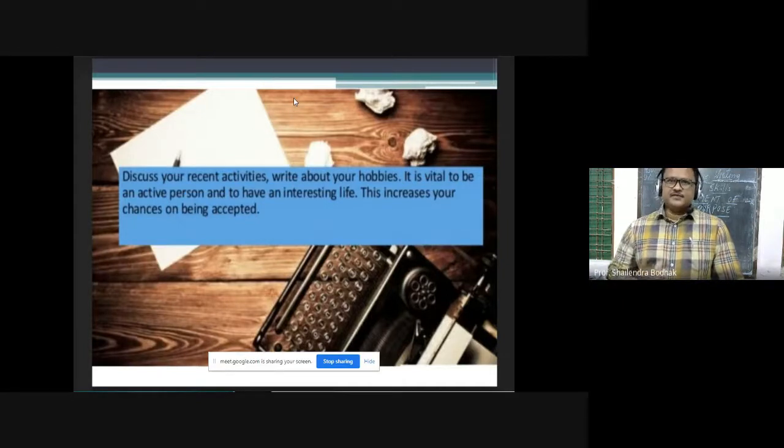So just mention a few hobbies in your SOP. It is vital to be an active person and to have an interesting life. So your SOP will tell the admission committee how active you are, what kind of interesting life you have. So this increases chances of being accepted.